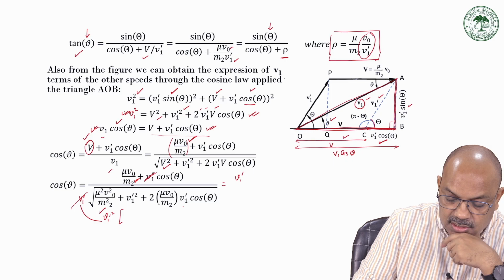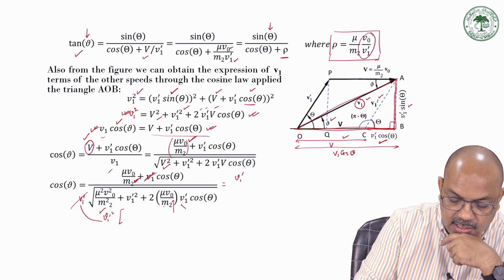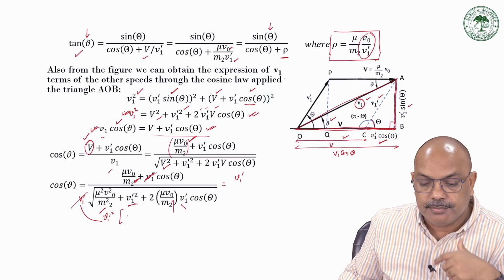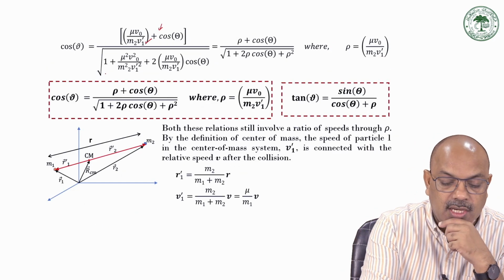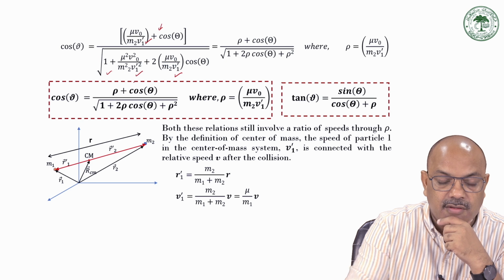This will be like V1 prime squared divided by V1, so this comes here, and then this becomes 1, and this comes V1 here, and then V1 squared.